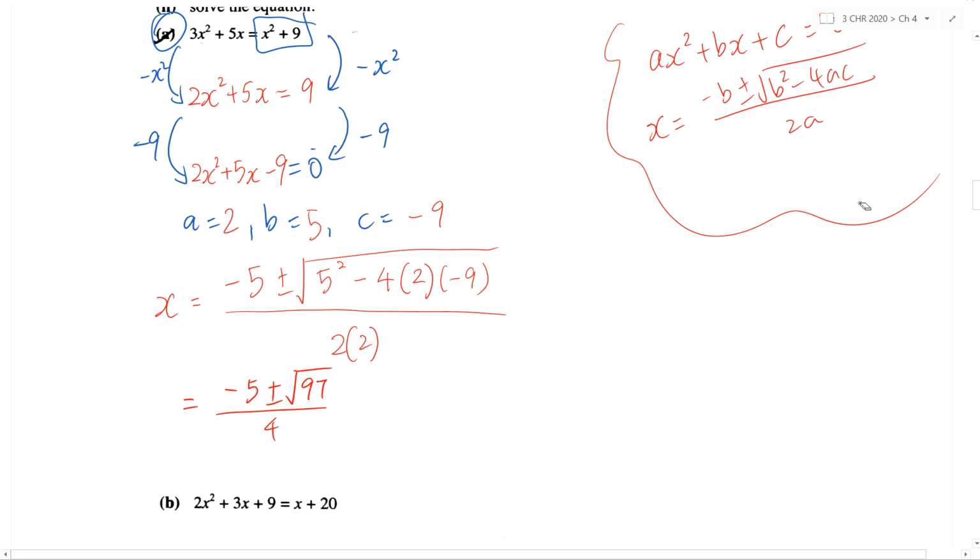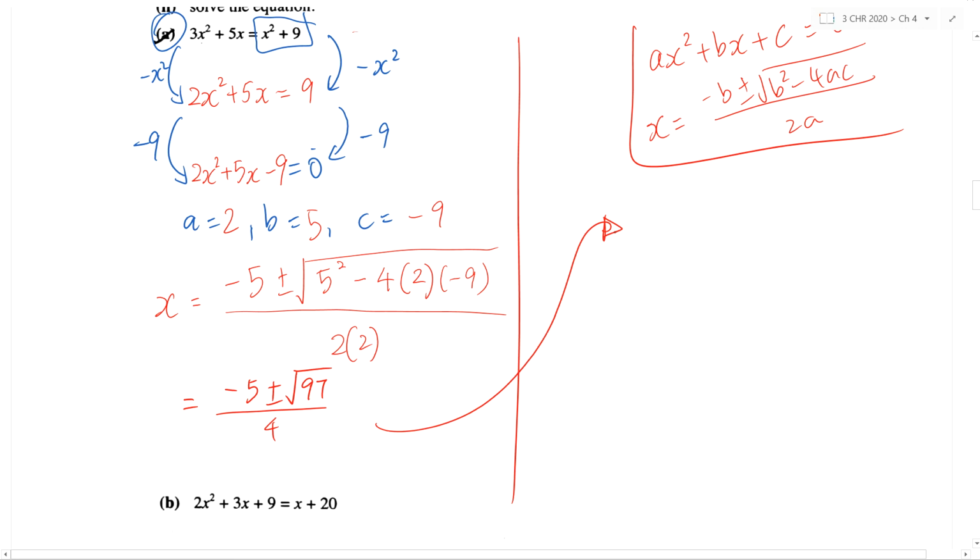Okay, so there are two options for this. So x will be negative 5 plus square root 97 over 4, or negative 5 minus square root 97 over 4. These are our two options. I do not evaluate over here yet.